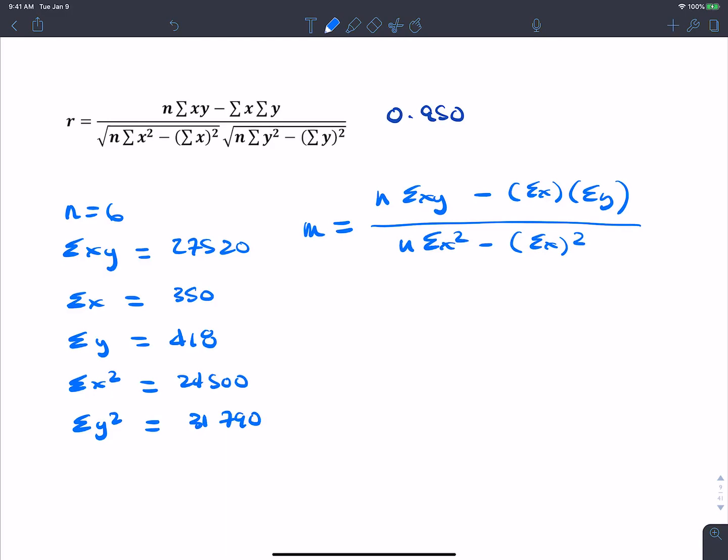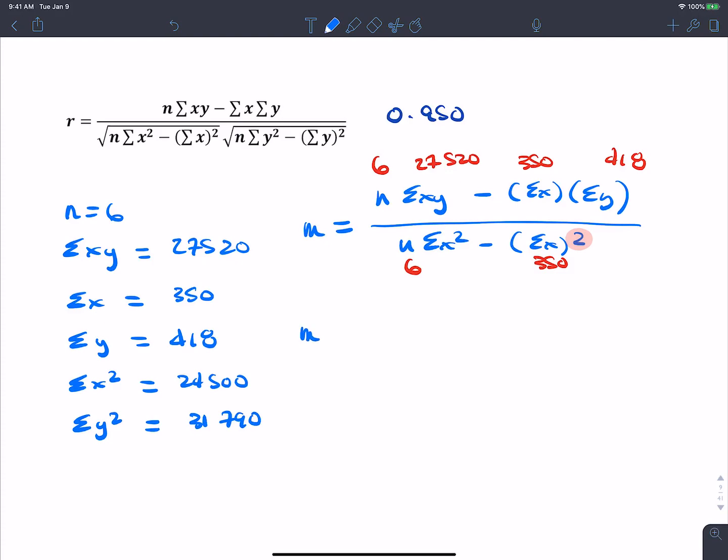I'm going to change colors. And here, what was n again? N is 6. Good. Sum xy, 27,520. Sum x, you guys told me was 350. Sum y is 418. Don't forget to square that.